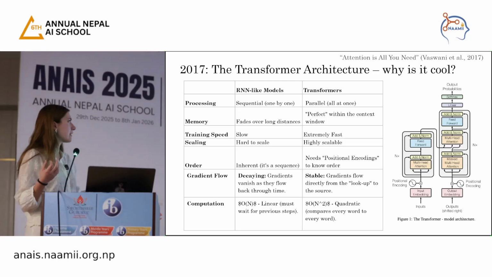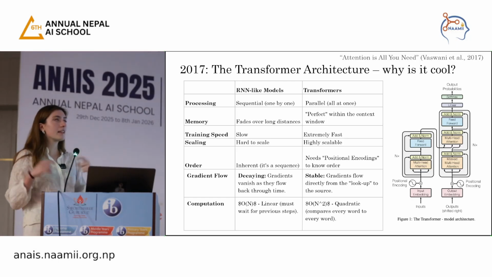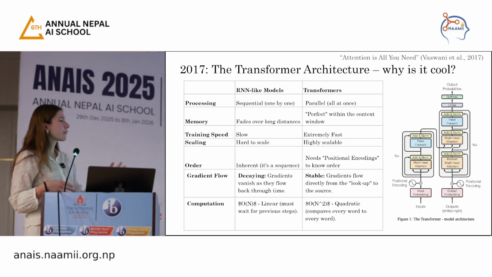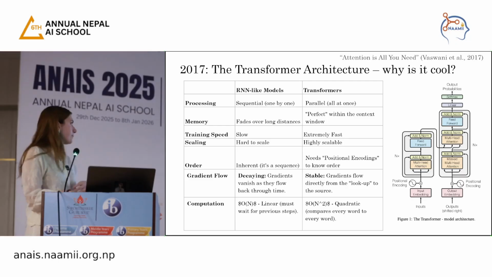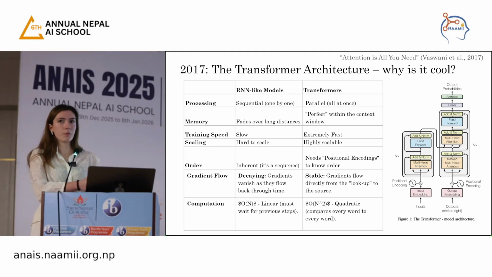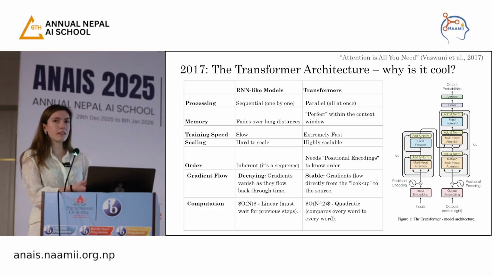And here perfect means that, within the limits of the context window, the transformer attends to all the other inputs. Training speed for RNNs is low, while for transformers it is extremely fast. RNNs are hard to scale. The transformer is a highly scalable architecture, but the training is not as easily scalable, and we'll talk about this later.